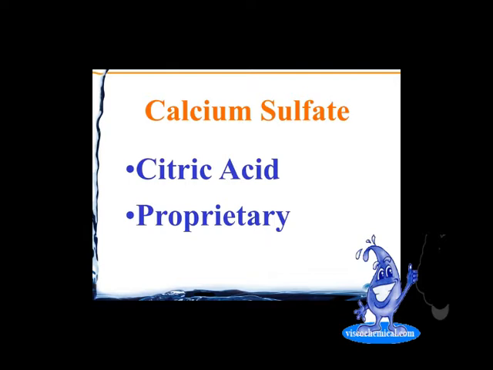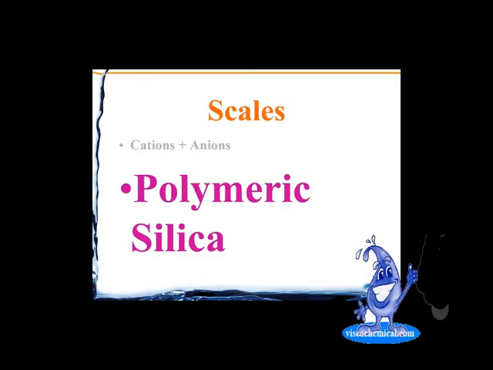So every RO chemical cleaning vendor is going to have a menu, and they'll recommend which product for which particular type of scale. So once you have a feed water analysis, you can then calculate, based on your RO unit, what kind of scales you're likely to see.